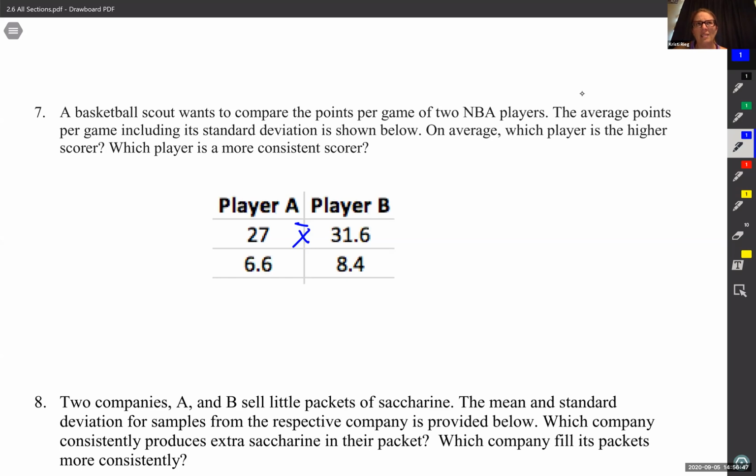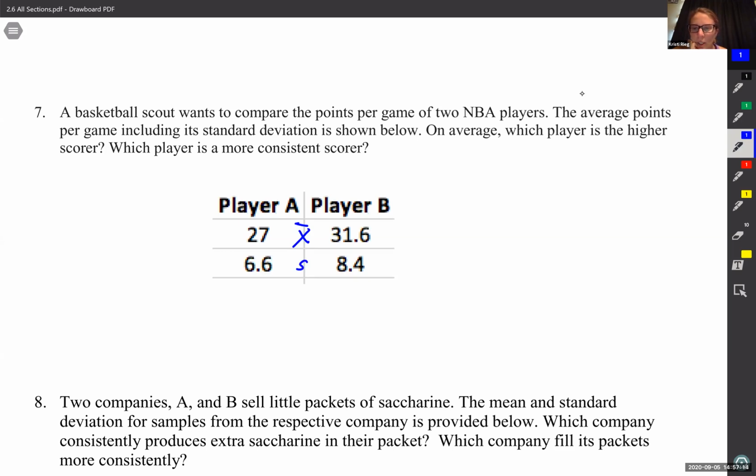So that's almost like, not exactly, but almost like saying he scores 27 plus or minus 6.5, somewhere in that range. Whereas player B scores 31.5 points per game, plus or minus 8 points. That is a very vague, untechnical definition, but it kind of puts us in the ballpark for today. We'll get a much better definition later.